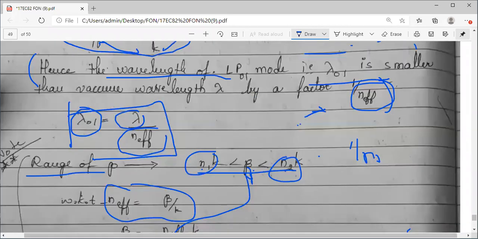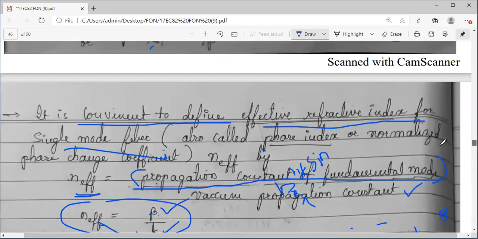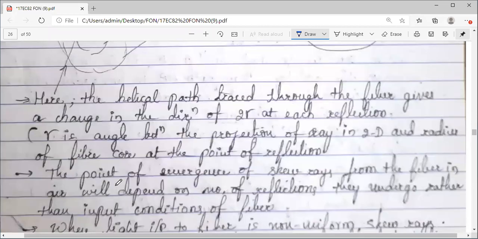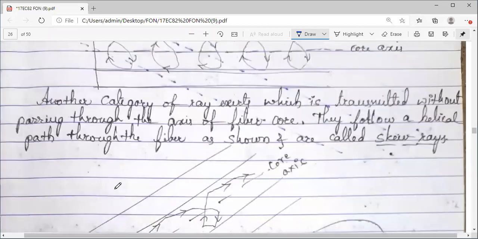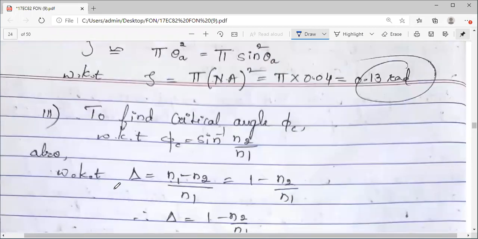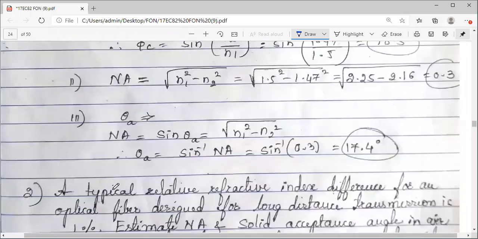Let me quickly share that slide with you. Still time is there.